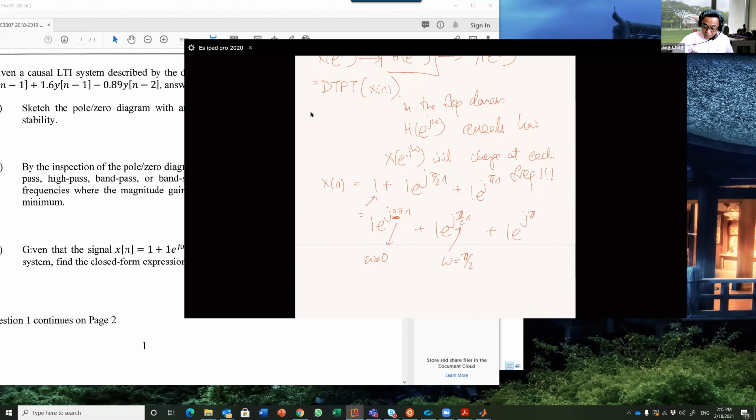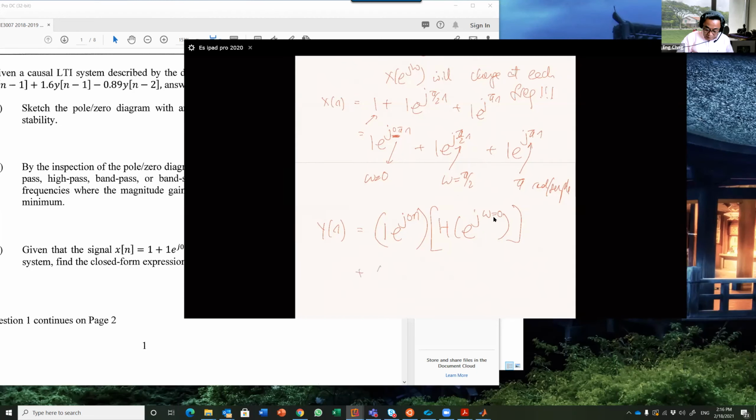So y of n can simply be 1 e^{j0n}, which is the input signal, multiplied by H of e^{j omega} equals to 0. This will reveal how this signal is being changed by the filter with this characteristic.